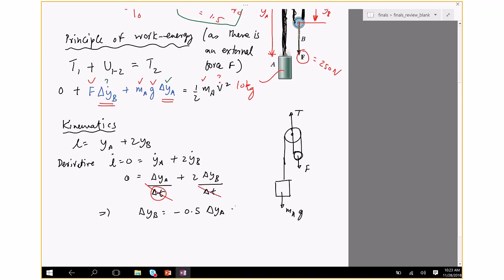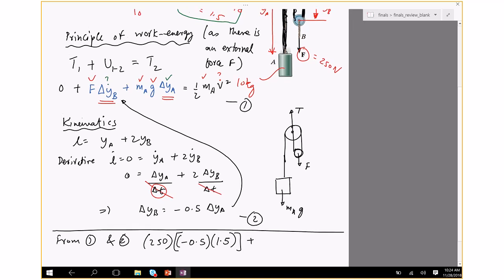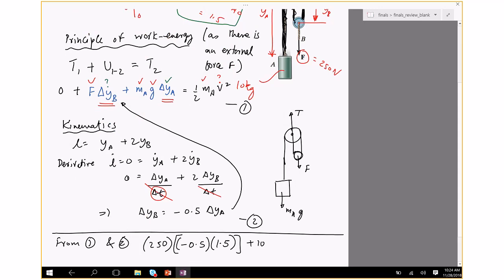Okay, so now we can put this right there. Let's call this 1. 250, delta YB is minus 0.5 delta YA, which is 1.5, plus MA is 10, 9.81, delta YA is 1.5.